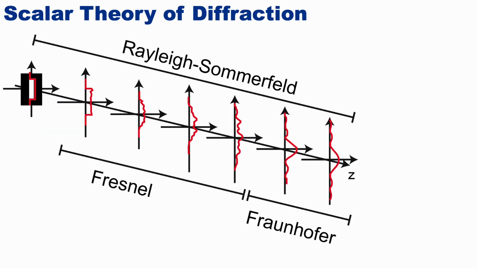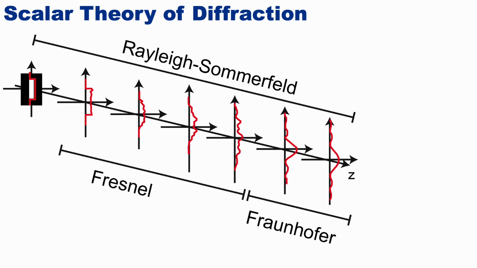What is happening is that in the case that we have a rectangular aperture, we're gonna have the diffraction patterns, right? And what we have is how they're gonna keep changing. And how we describe the diffraction pattern is with the Rayleigh-Sommerfeld formula. We have different regions, but in particular, what we're gonna have is the Fresnel and the Fraunhofer.